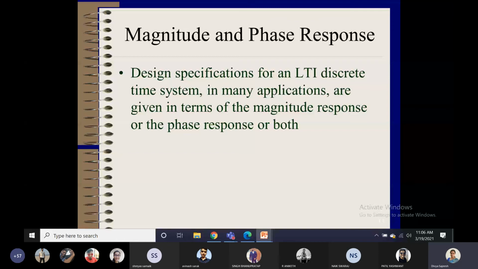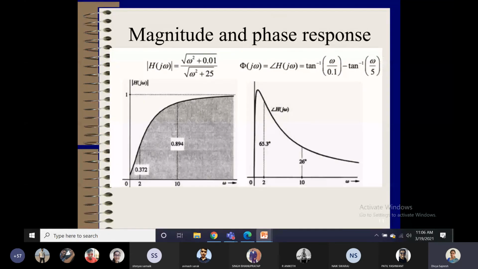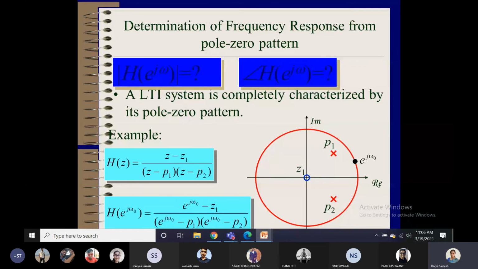As we have seen, many design specifications will be given in terms of magnitude and phase response. This is an example of the magnitude and phase response in logarithmic scale. Now from the pole zero pattern also we can obtain the magnitude response and the phase response.